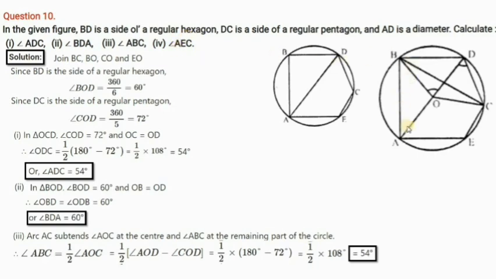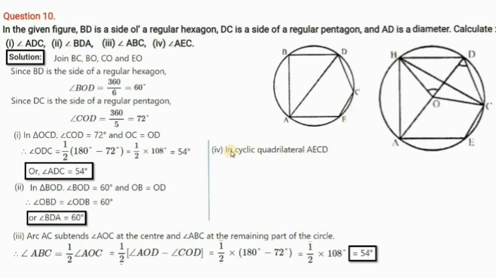Let us have a look at the last part, that is AEC. Let us see where AEC is. AEC means we need to calculate this angle. Now let us have a look at AECD. Can I say AECD is a cyclic quadrilateral? Yes.